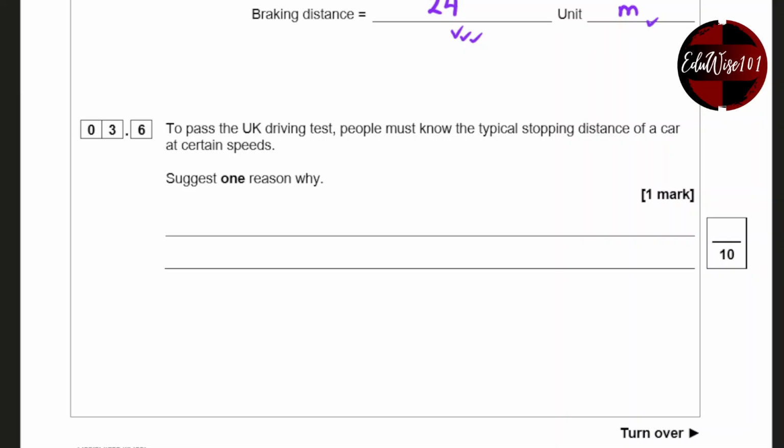How far should you be behind the car in front of you? And if you're driving on the motorway at 70 miles per hour, how far should you be behind the car in front of you? That distance is different, right? Why should you know the typical stopping distance?